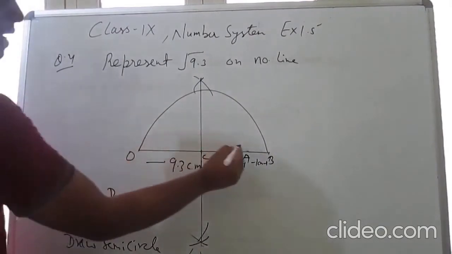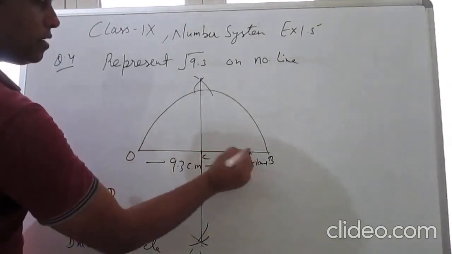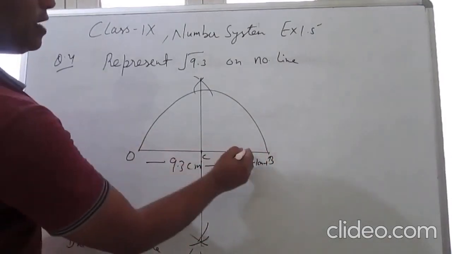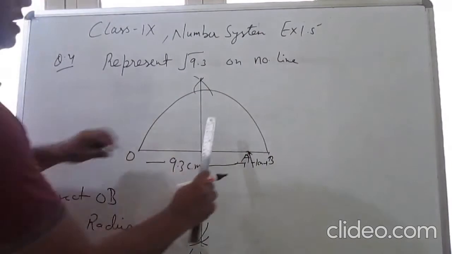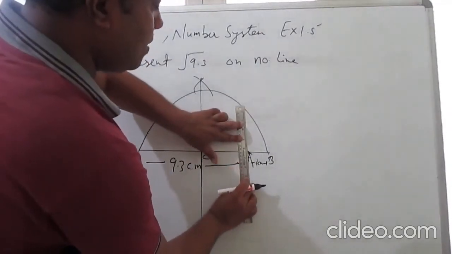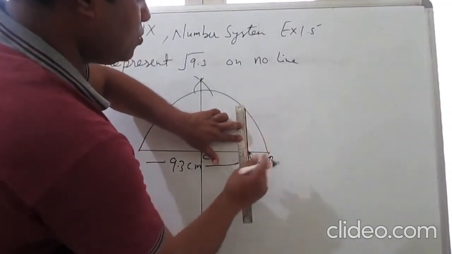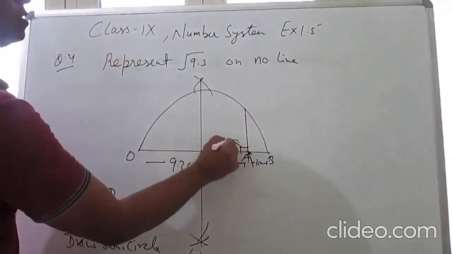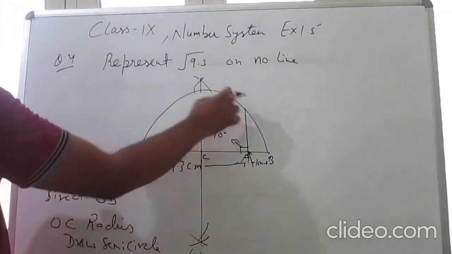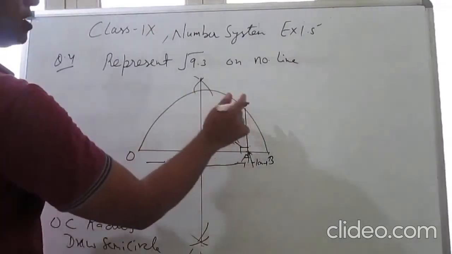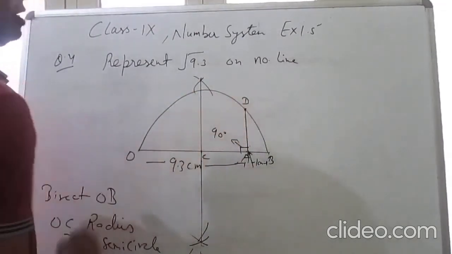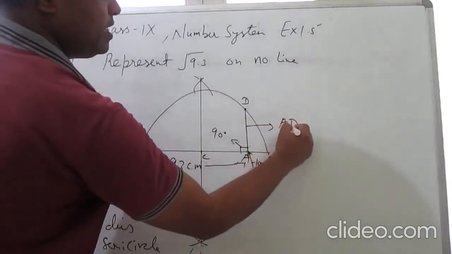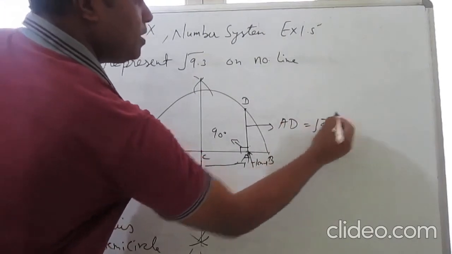Now this is the point A. Put the protector or compass here and draw an angle of 90 degree. You see that it cuts the semicircle at a point, give this point name D. Now this distance AD is equal to root 9.3.